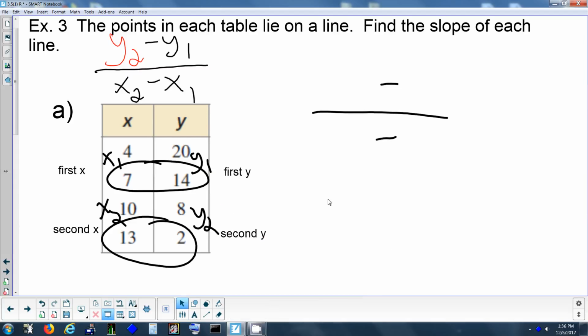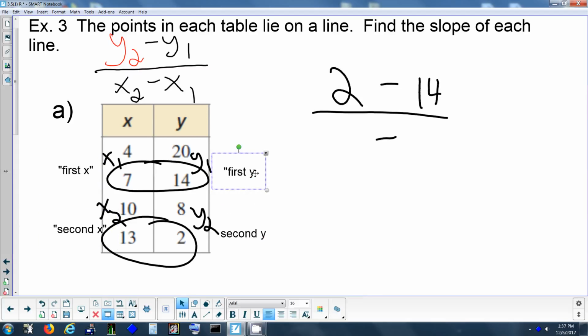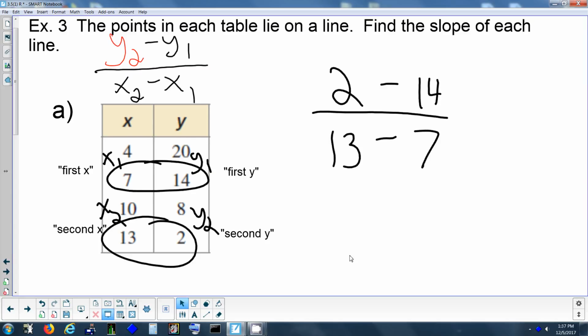Someone tell me what my y2 is. It's 2. Minus y1, which is 14. So 2 minus 14. How about x2? It's 13. And x1 is 7.